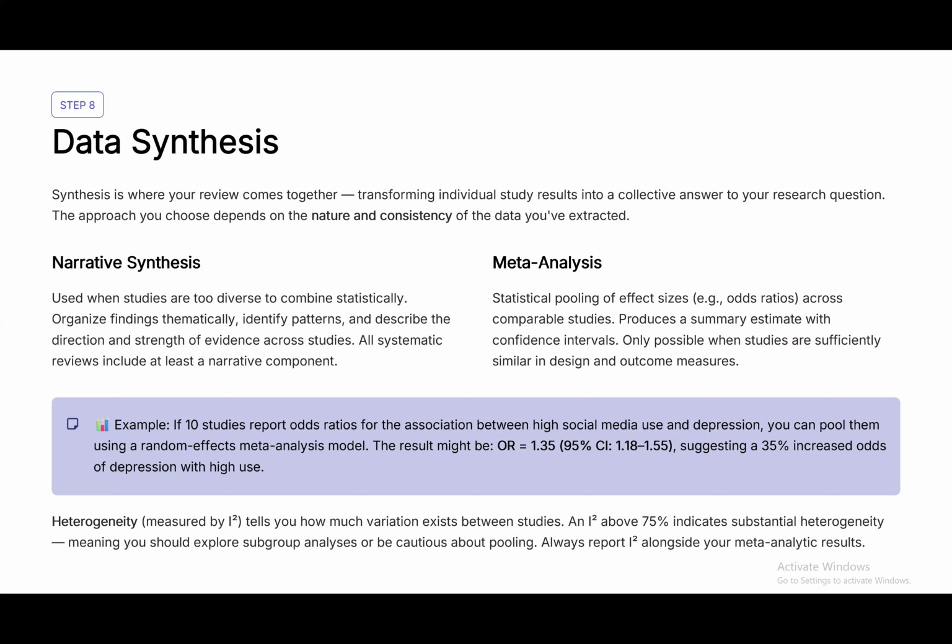The data analysis of systematic review is narrative synthesis or thematic synthesis or meta-analysis. I'm going to have a workshop maybe next month or the month after on meta-analysis and network meta-analysis. I think we've had a lot of sessions on meta-analysis, but we are yet to have one on network meta-analysis.